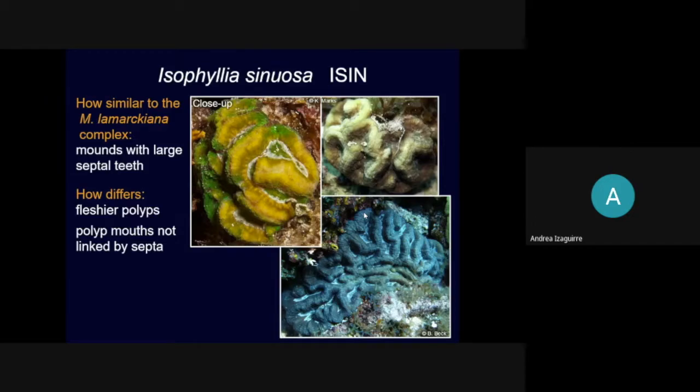It's a very distinct looking coral, I would say, and it has those teeth. If you still don't know how to identify it, you will be looking at the teeth along the wall.